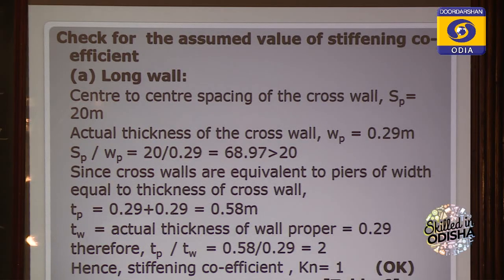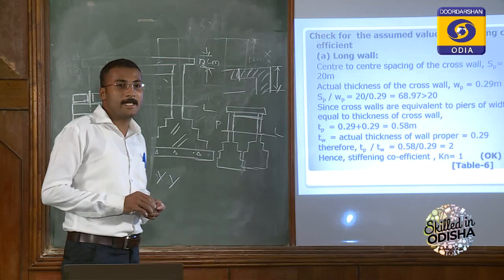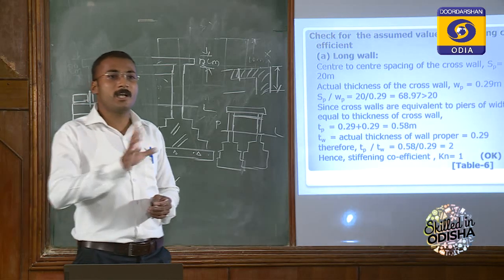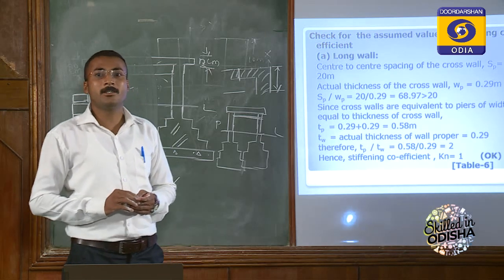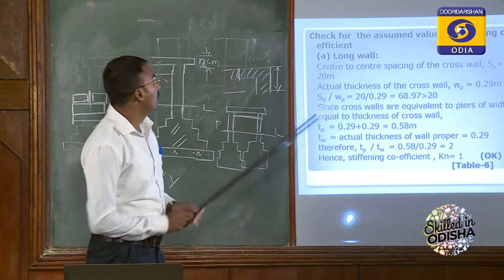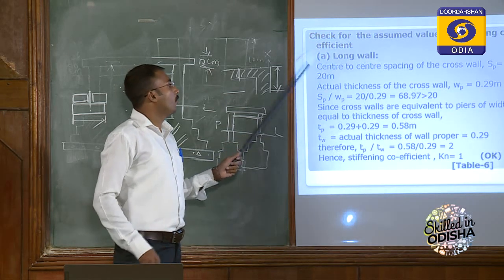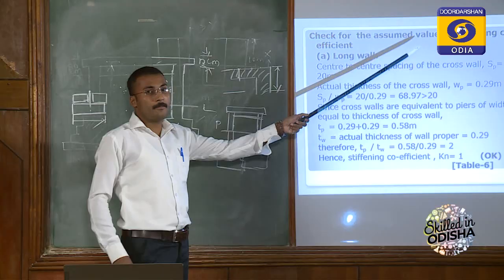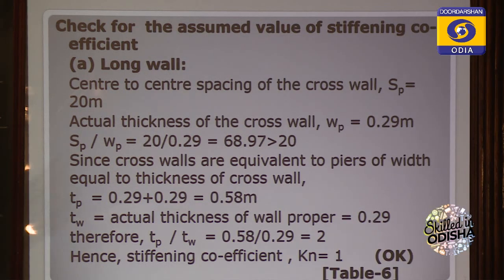So with this thickness, the question is asking the thickness of the wall only. So with this the design is completed. Now we have to check for the assumed value of stiffening coefficient. We have considered stiffening coefficient as 1, and for the long wall we have to check once, and for the short wall we have to check once.